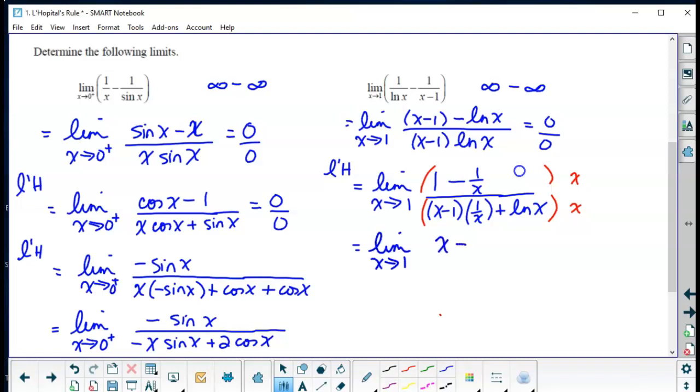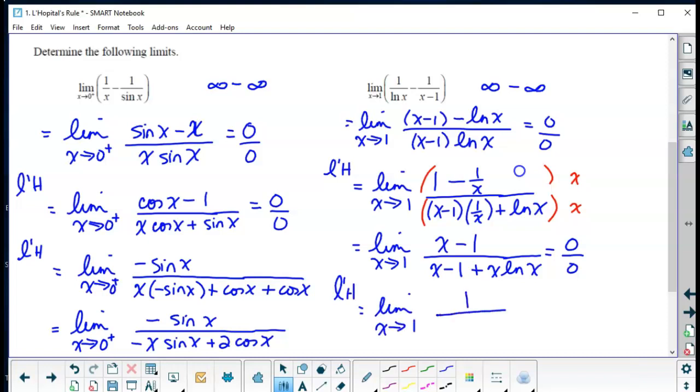So it's going to be x minus 1 over x minus 1 plus x ln x. Okay, then if I substitute 1 in there, I still get 0 over 0. So L'Hopital's rule again.